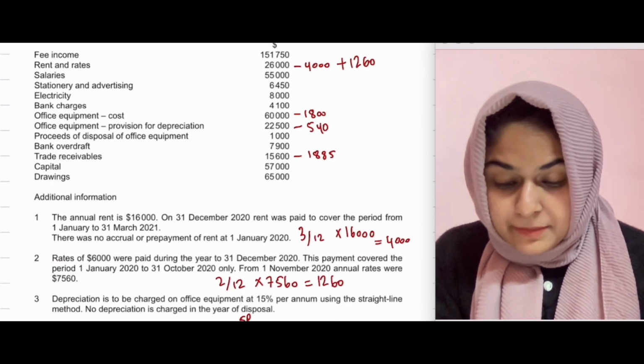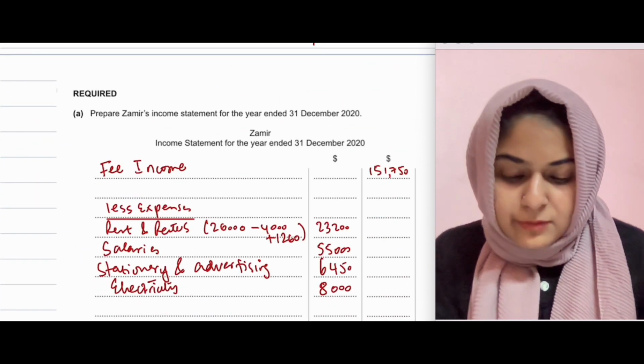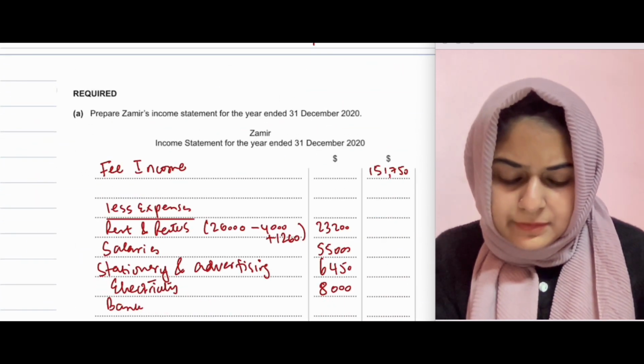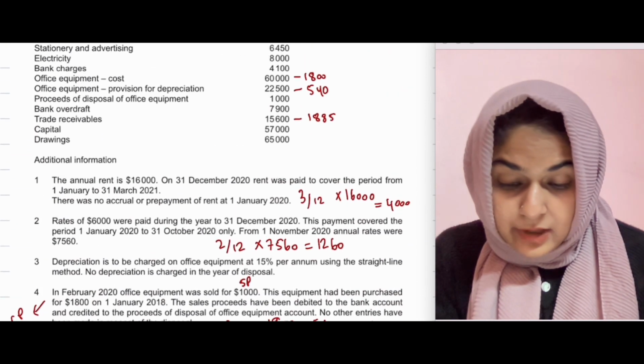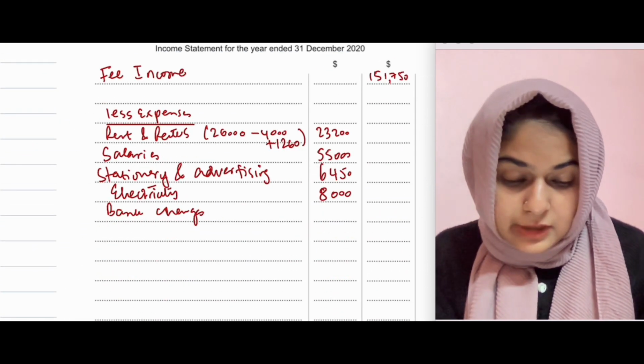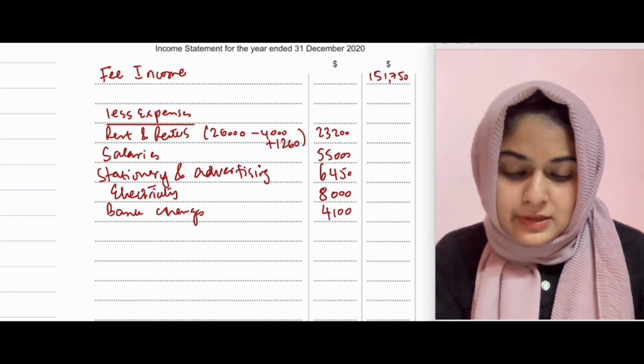Then we have bank charges, so no adjustment on bank charges, will write just bank charges and we will write 4,100 on bank charges.